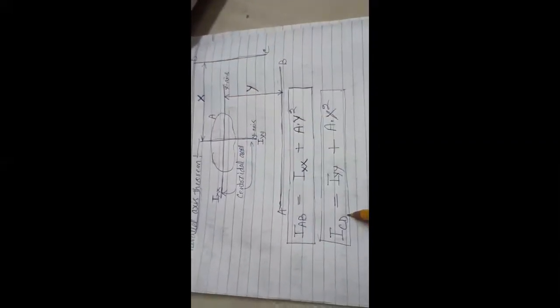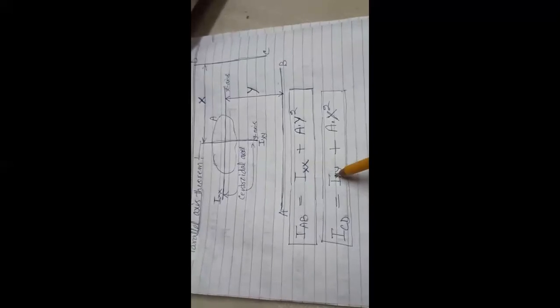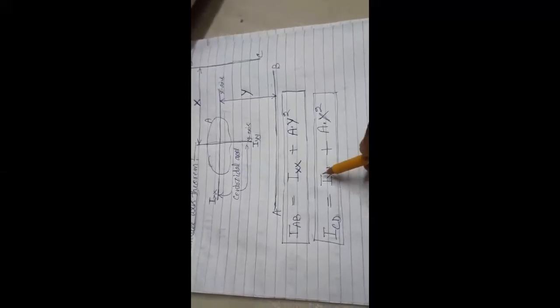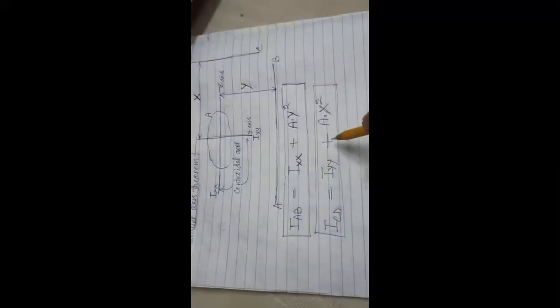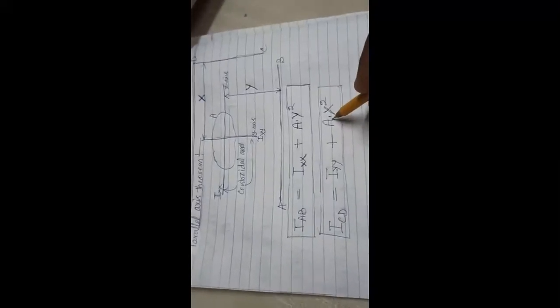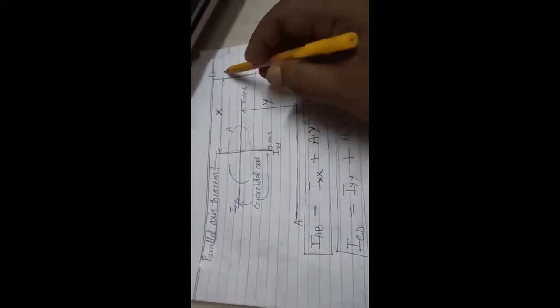So ICD is equal to the moment of inertia of this area about y-axis, centroidal axis, plus area multiplied by the square of the distance between these two parallel lines.